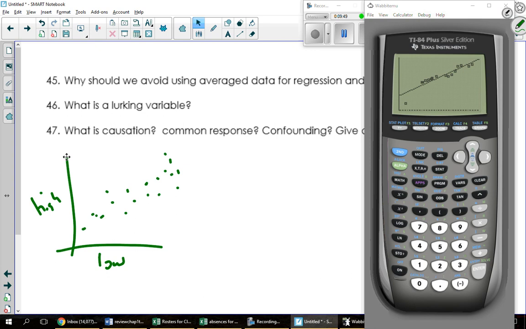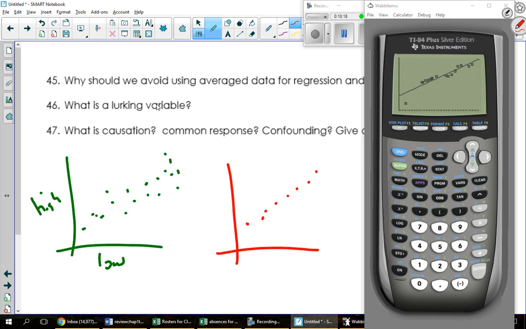On the other hand, if the low temperature is 75, the high temperature might be 100, and so it ends up being a positive relationship. If I change this graph, so instead of looking at the high and low each day, I looked at the average high and the average low for each month, so I only had 12 points, the correlation is almost certainly going to be higher on the second graph, when I have fewer points that have been averaged from the more points.